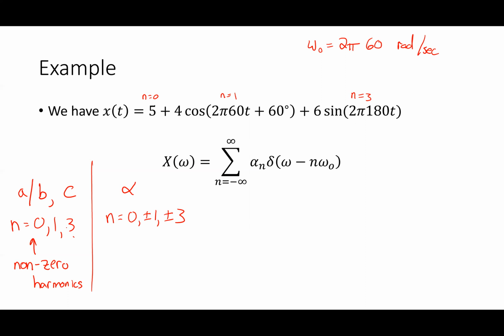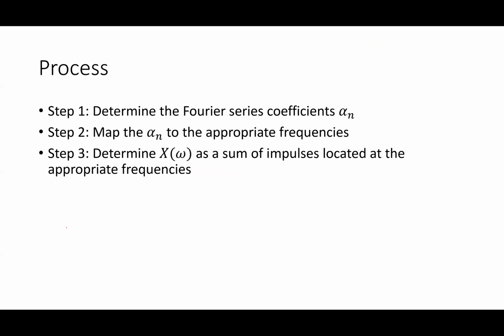So now what I want to do is go through this process. My process was, I want to figure out the Fourier series coefficients alpha n. I want to map those alpha n to the right frequencies. And then I want to figure out this X of omega as the sum of the impulses located at the right frequency.